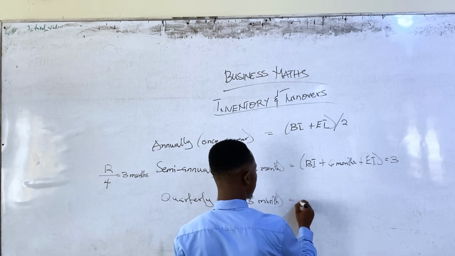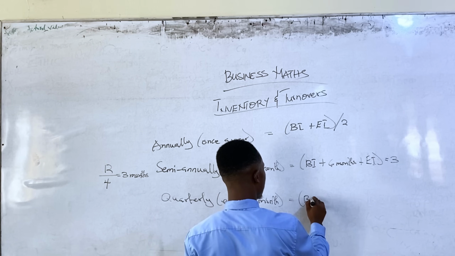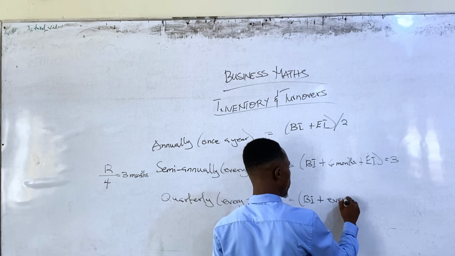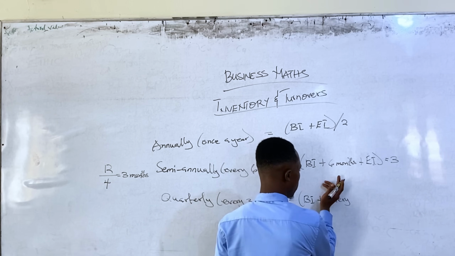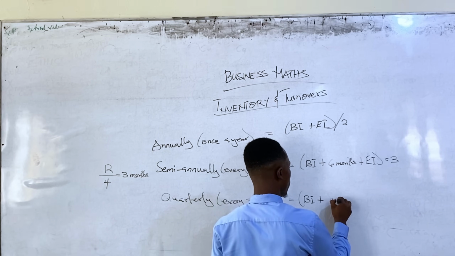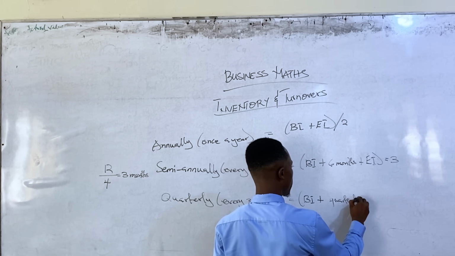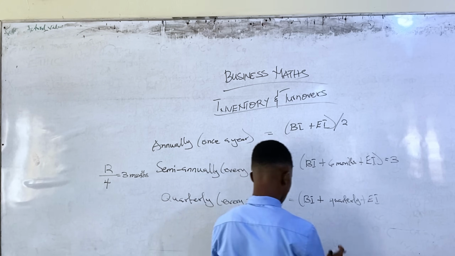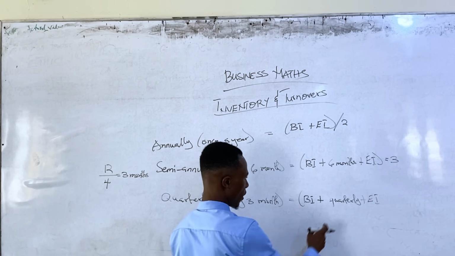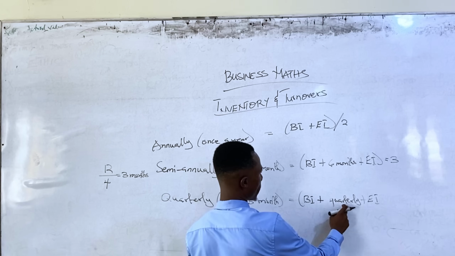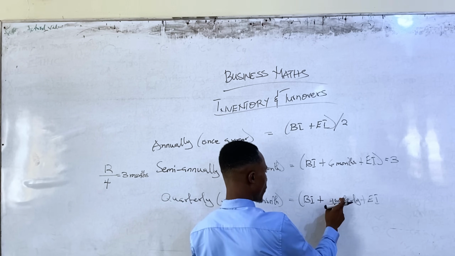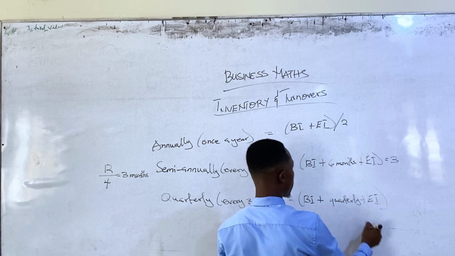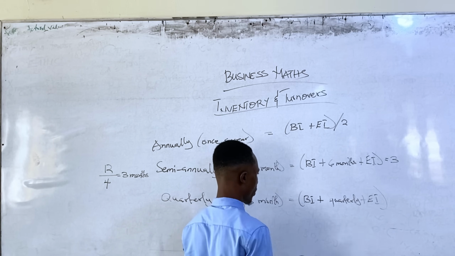So it is going to be your beginning inventory plus every 3 months, or you can say quarterly, plus the ending inventory. And this one represents 4, right? And the beginning and the end, we said they come together as 1.